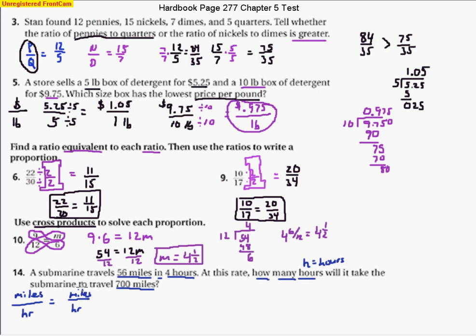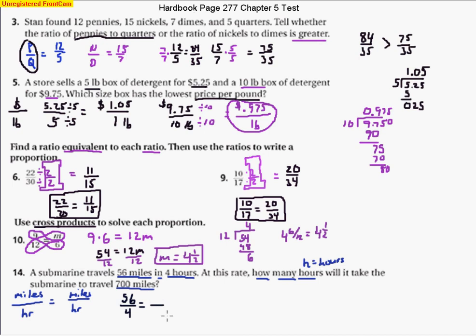There's a few different ways to set it up, but this is the way I would set it up. And so we're going to start with this first fraction here, setting up the first sentence, 56 miles over 4 hours. And so 56 was miles, 4 was hours, so I set up the proportion just like I said. Equals, now, how many hours?